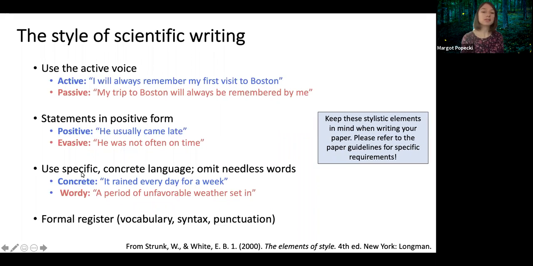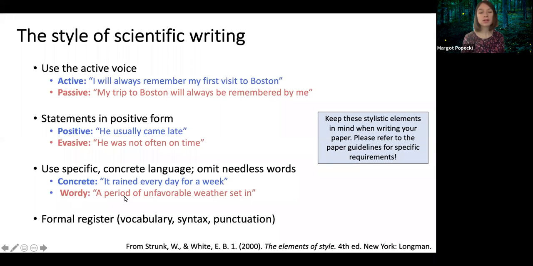So additionally, scientists will often write in a way where they use specific, concrete language and omit needless words. You've already heard me say specific frequently, and I will continue to say it a lot because it's really important. So for example, in this concrete sentence, it rained every day for a week. It's saying exactly what's happening. But in the wordy version, a period of unfavorable weather set in.